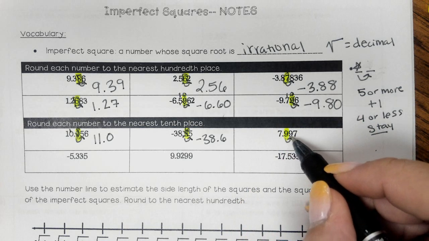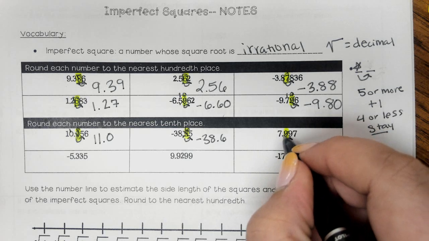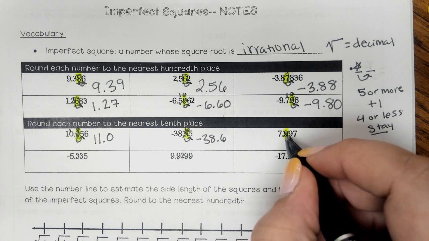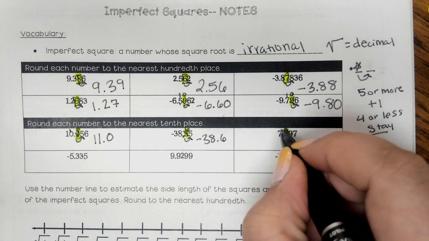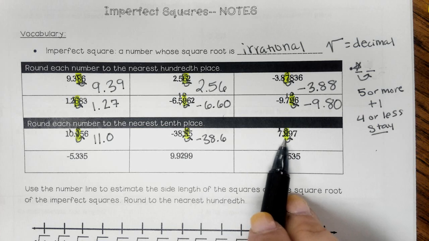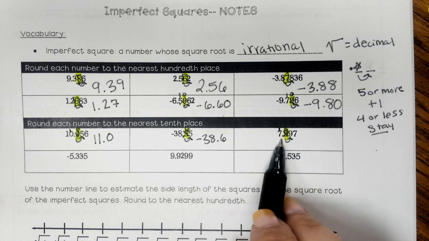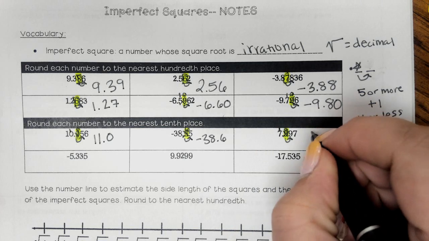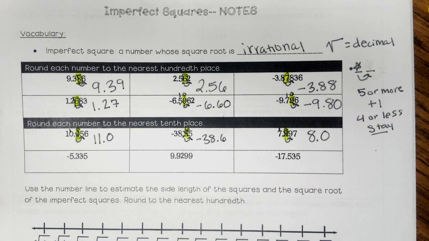Behind that 9 is a 9. 9 falls into 5 or more, so I'm going to cross that out and add 1 to it. 9 plus 1 is 10. So the 0 goes here and the 1 goes to the left. Now we see that there's a 0 in the 10th spot, but now I'm combining 1 and 7 in the 1 spot. 1 and 7 makes 8. There's a decimal and there's a 0.